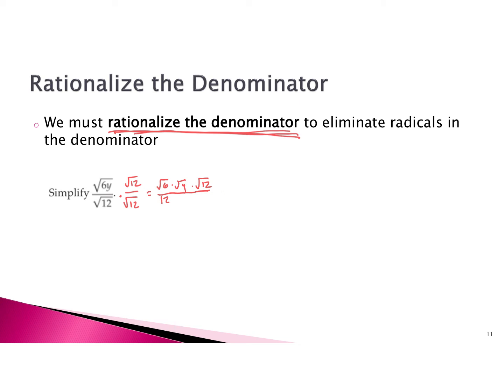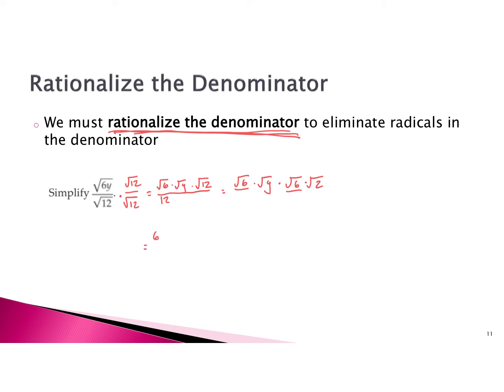So, let's break down our numerator even further. I'm going to leave 6, and then I'm going to do times square root of y, and I'm going to break up 12 into 6 times the square root of 2. A radical multiplied by itself is just the number.